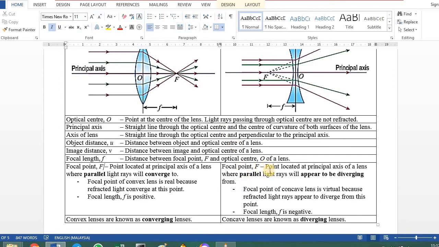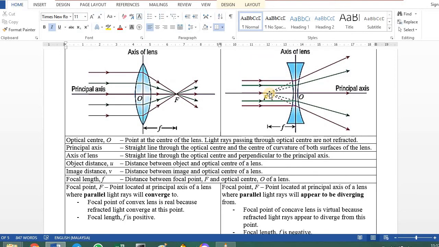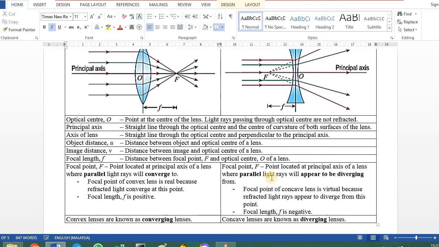The focal point for a concave lens is the point located on the principal axis of the lens where parallel light rays will appear to be diverging from. Okay, so this is the focal point for a concave lens, where it looks like the light diverges from this point. The focal point of a concave lens is virtual because refracted light rays appear to diverge from this point.